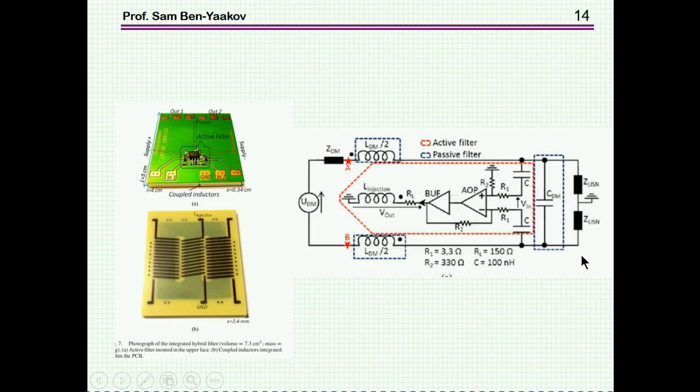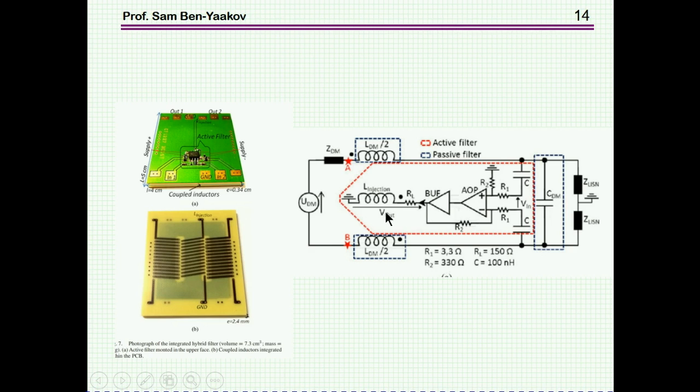Here's the LISN. Now, they have an amplifier which is sensing the voltage here and then generating an error signal. These two inductors are like a regular filter that normally you would put in order to reduce the ripple current.